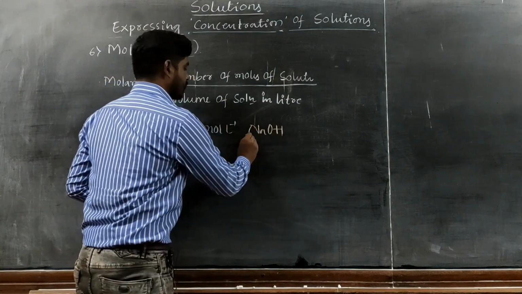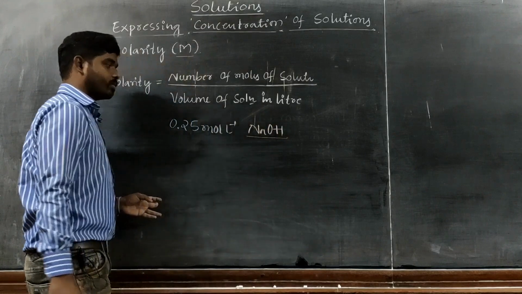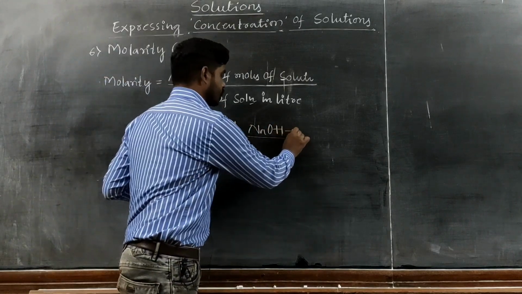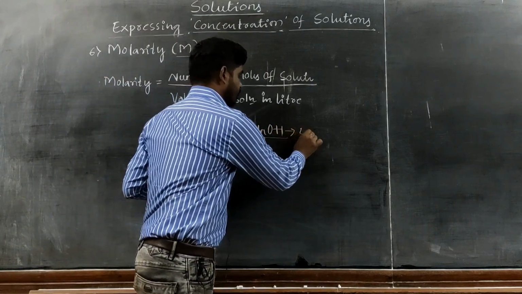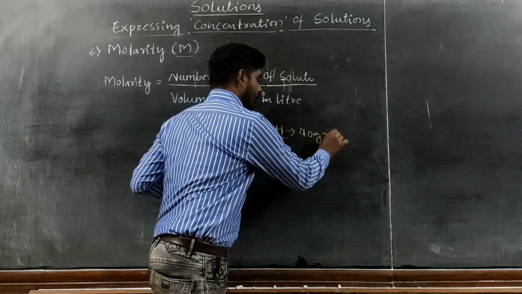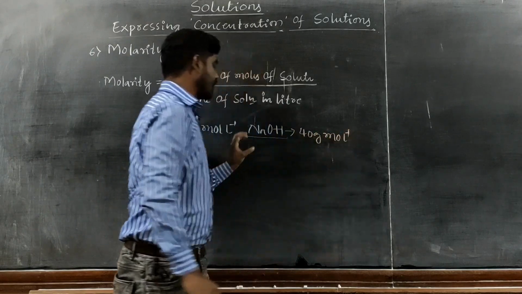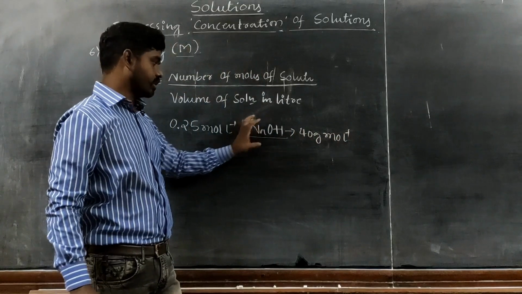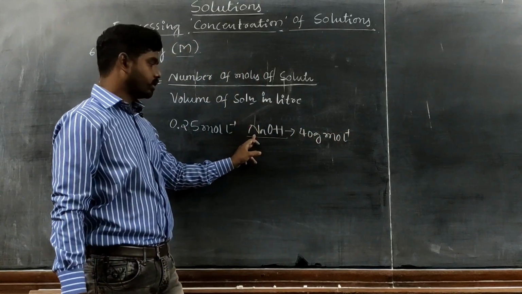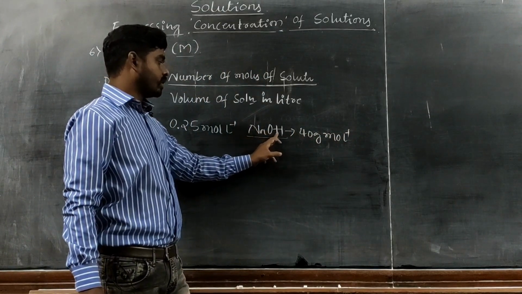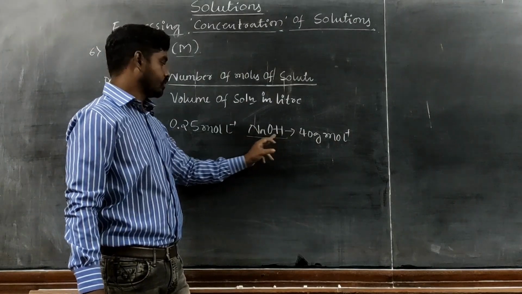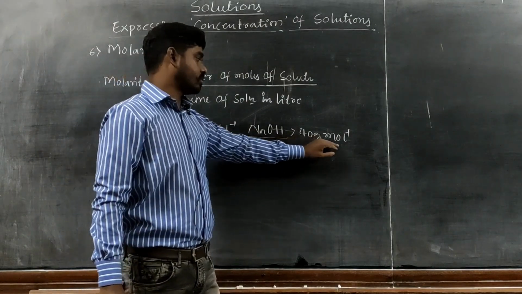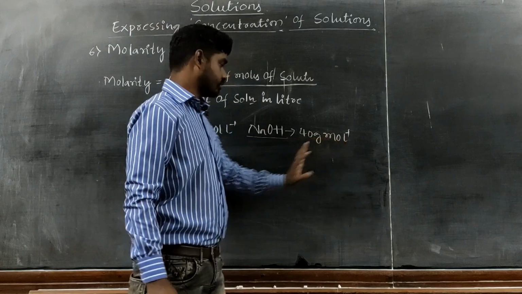So here the number of moles of sodium hydroxide NaOH, that is molar mass, is 40 grams per mole. So how to calculate molar mass, that we have studied in first year. So 23 into 1, oxygen 16 into 1, hydrogen 1 into 1. So that will give you 40 grams per mole.